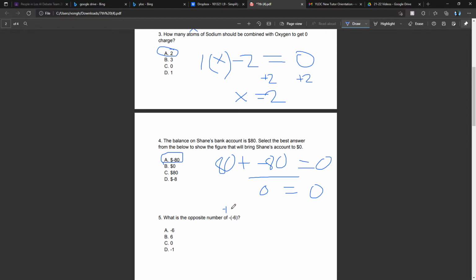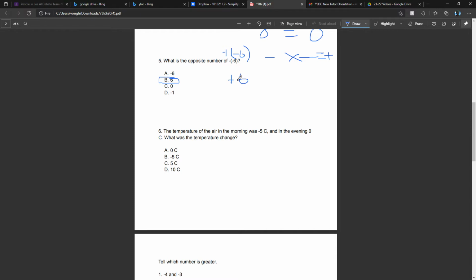There is a 1 there, but you don't need to write it, but it will look like this: -1 times -6. This is how you can rewrite it. Since we know that a negative times another negative equals a positive, so 1 times 6 equals 6, because 1 times anything is that number, and since they're both negative, that means this answer will be +6. So if we look, B will be our answer.